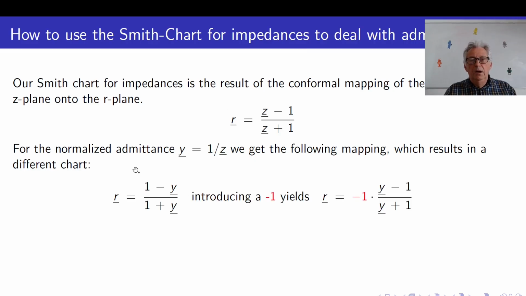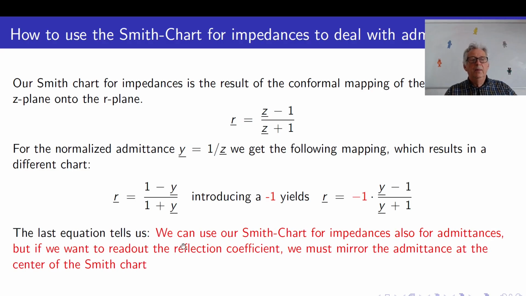But by introducing a minus 1 in front of this mapping, we come to the same mapping. We have here the same mapping as for Z, and here is the mapping of the Y-plane, but with the only difference that if we want to read out the reflection coefficient, I have to multiply with minus 1.